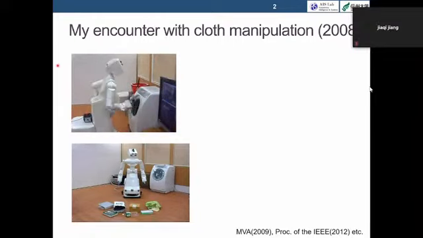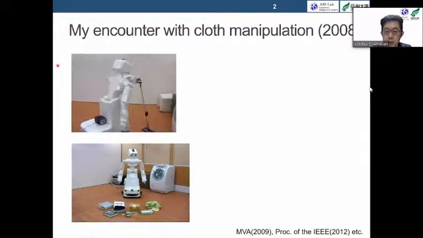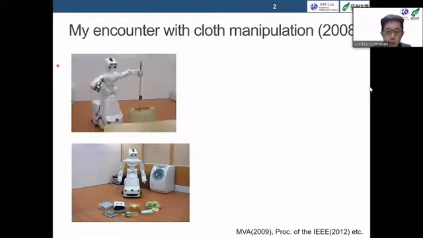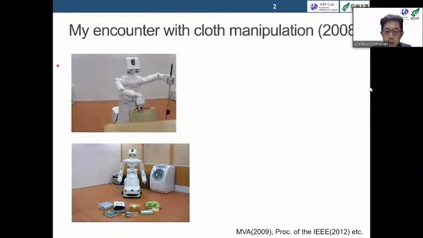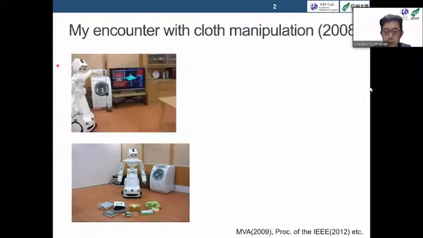However, since cloth does not have a specific shape, one challenge was how to find fabric products in the everyday environment. We proposed an image processing method that responds to wrinkles. Using this technique, the robot can locate fabric products as shown in the video below left.